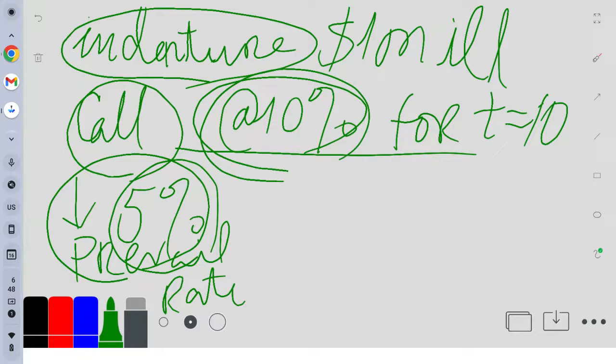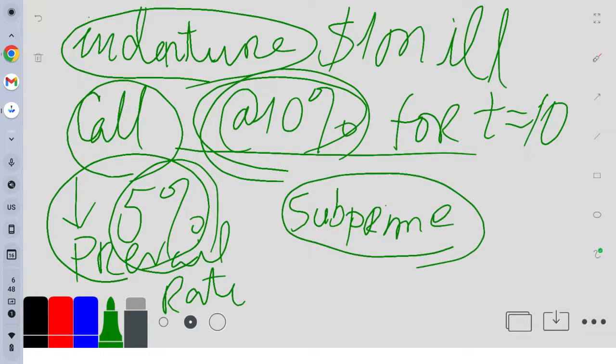Why? Because there were so many people who didn't qualify for any loan, who were all categorized as subprime.